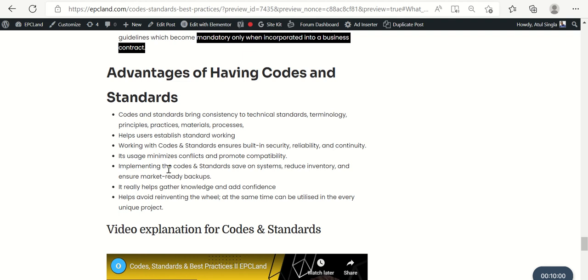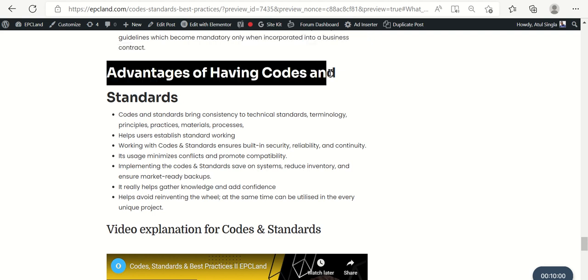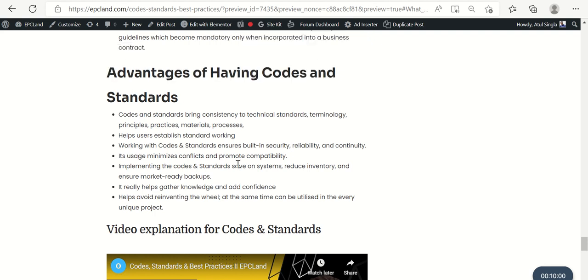Now, why are we discussing all this? Why do we need these codes and standards? We discussed a lot about it, but let us summarize in the form of advantages. First of all, codes and standards bring consistency.